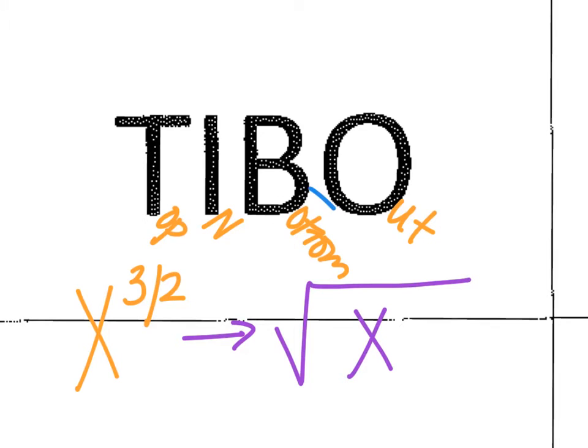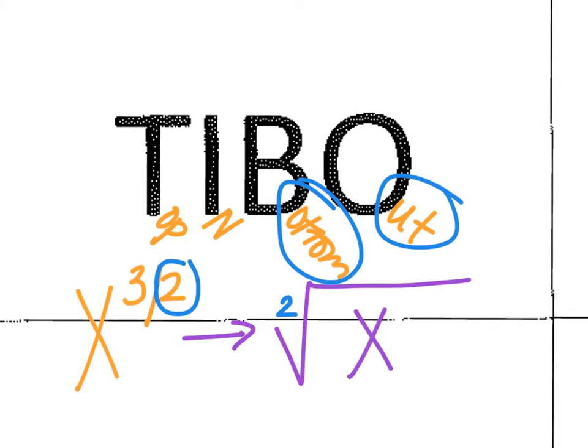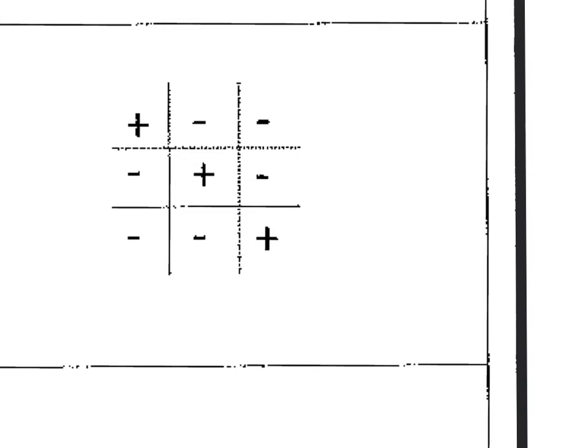My bottom number is going to go on the outside of the radical. And then my top number is going to go inside. So the 3 is going to go inside the radical symbol. So that is how we remember Tebow. That's what Tebow stands for, how we rewrite rational exponents.